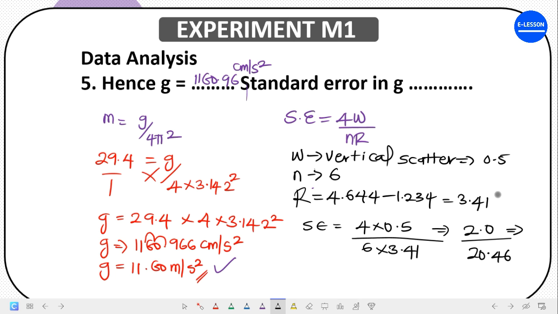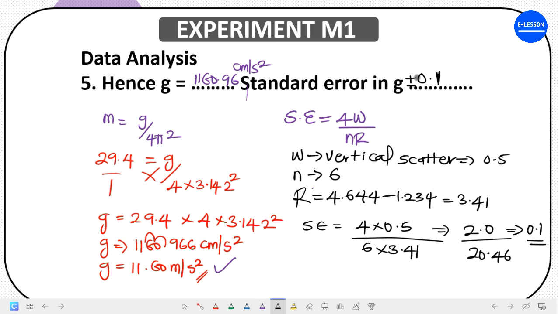And when you divide 2 by 20.46, it's going to give us approximately 0.1. So our standard error here is 0.1. It means that your value should be within a range of 0.1 increase or 0.1 decrease. So you can put plus or minus 0.1.